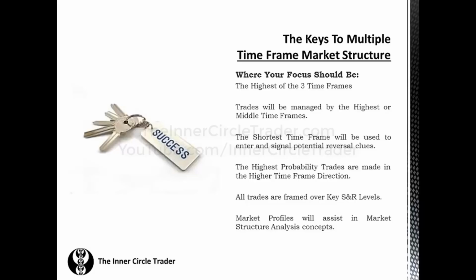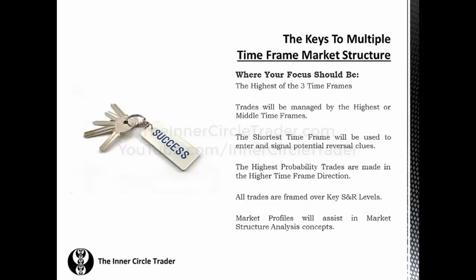So your entry signals would be derived from having studied the market structure on the daily and the 4-hour. Then your 1-hour chart would facilitate the specific entry point. In other words, you would do your entry concepts and techniques on the 1-hour chart for swing trades. The highest probability trades are made in the higher time frame direction.